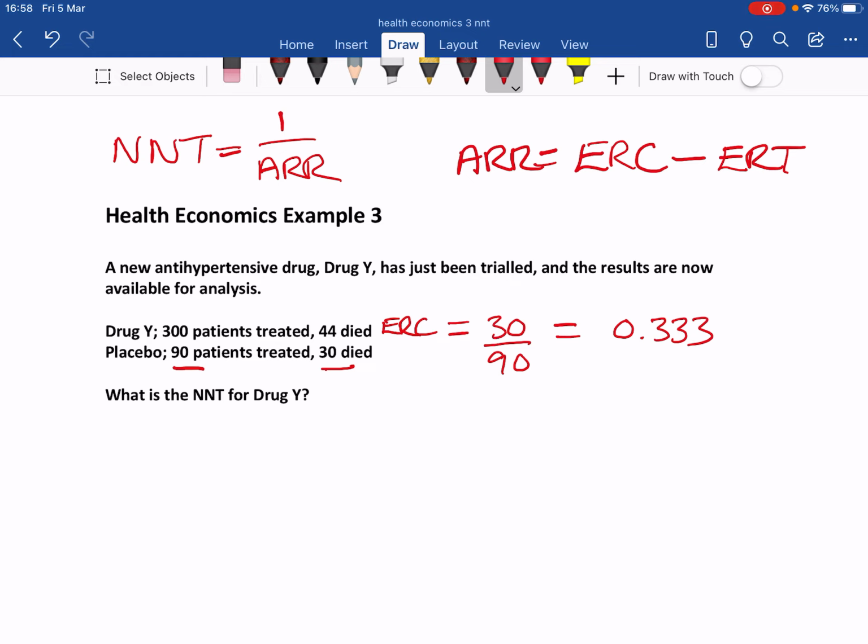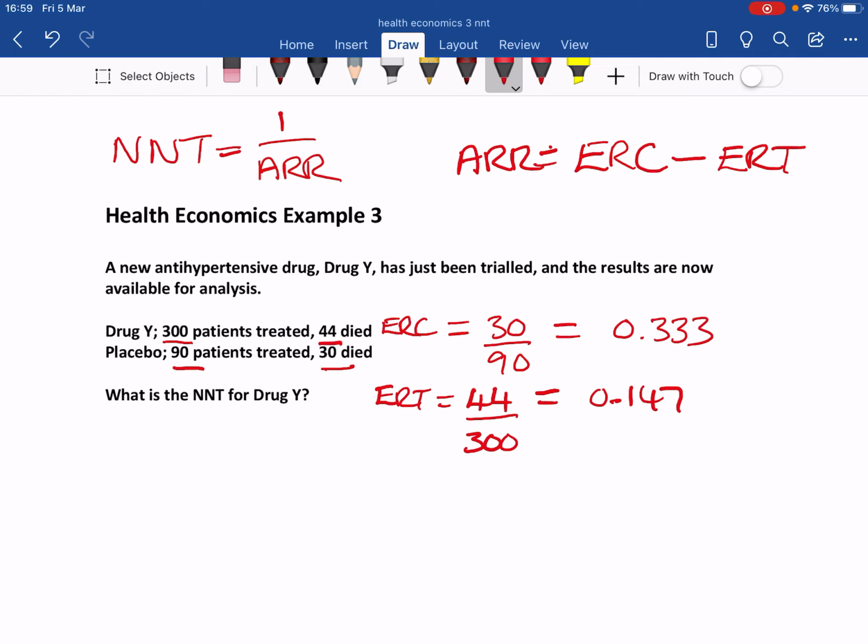We then need to work out ERT, the event rate in the treatment group. We know that 44 patients out of 300 died. So the event rate here is 44 divided by 300, which equals 0.147, which is much better.